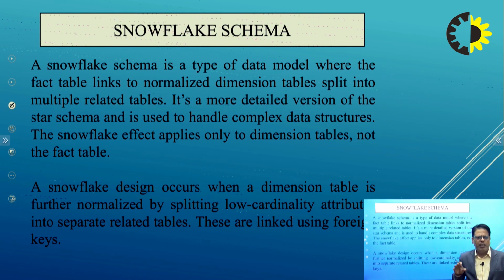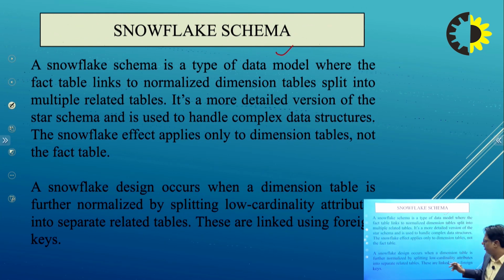Means only one fact table is used in the center in a snowflake schema, but in case we have 4 dimension tables, we need to divide the dimension tables into further sub-dimension tables. Means we use normalization of the data in the snowflake schema. We use more organized, more specific, more structured data in the snowflake schema. So we can easily retrieve and fetch the data using snowflake multidimensional schemas.